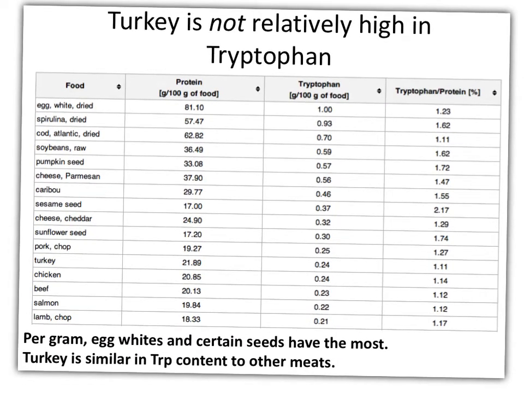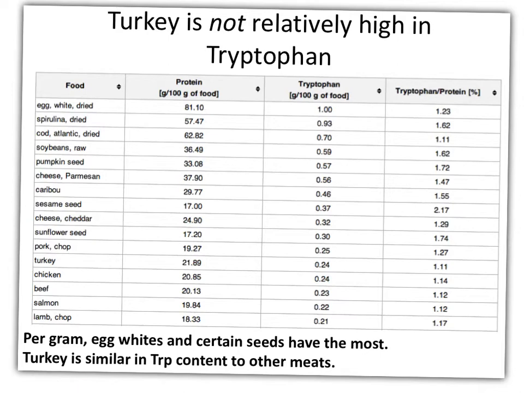Here we go. This is a table of percent protein, tryptophan in terms of grams per 100 grams of food, and then percent tryptophan. Spirulina is 1.62. Soybeans are 1.62.